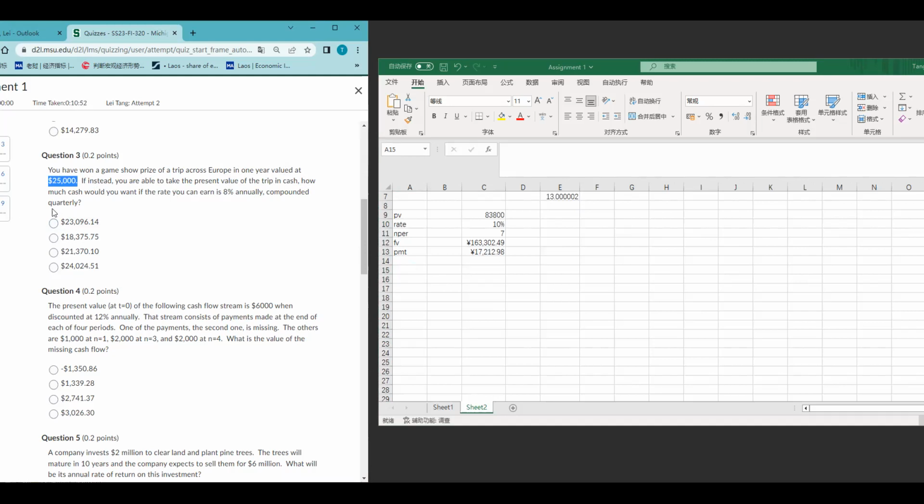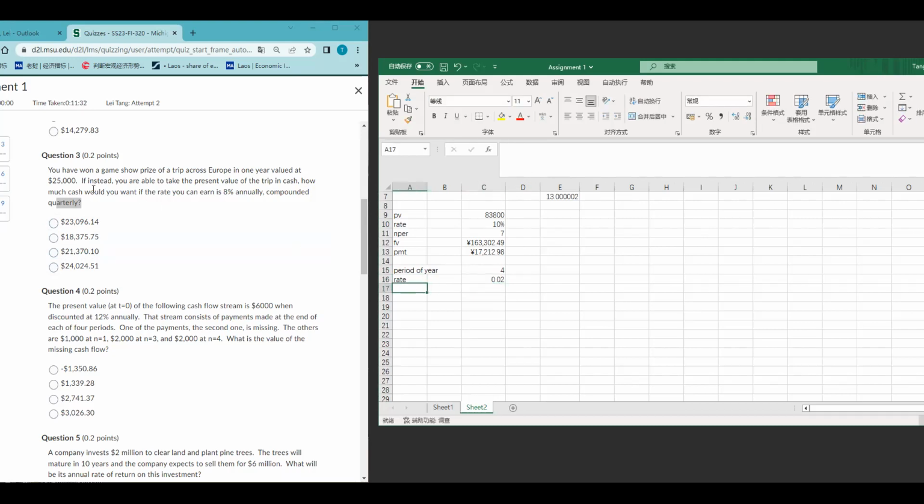Because it's quarterly, the periods per year is 4, and the rate is annual, 8%, so we divide 8% by 4. It's 2%.